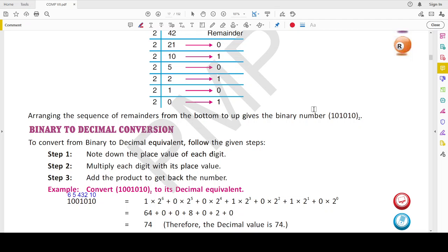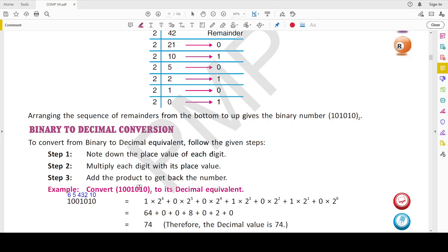Next is binary to decimal conversion. Binary to decimal conversion you have already done. You have done it with a small number, like 1, 0, 1, 0. Now we will do it with a bigger number, 1, 0, 0, 1, 0, 1, 0. Okay.